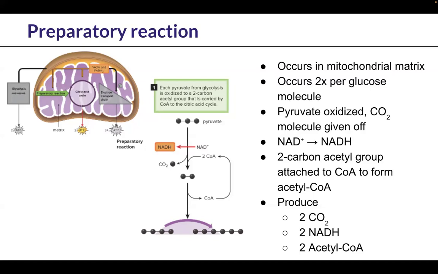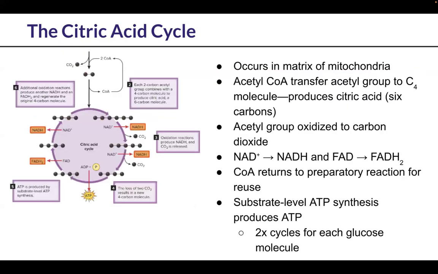And we're going to take a 2-carbon acetyl group and attach it to CoA to form acetyl-CoA. So this preparatory reaction results in our carbon dioxide waste product, as well as 2 NADH and 2 acetyl-CoA that we can then use in the next reaction, which is the citric acid cycle.